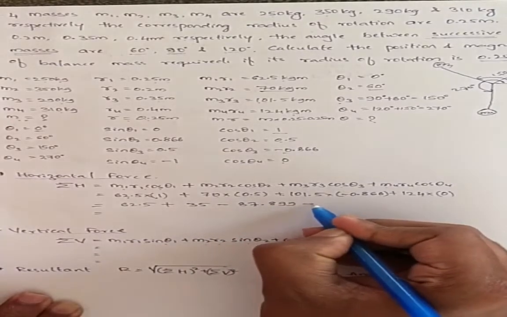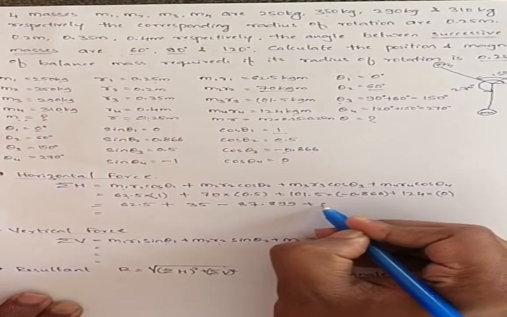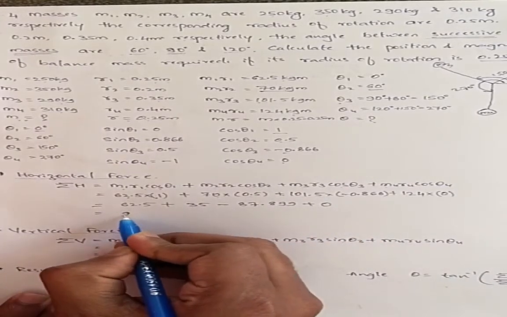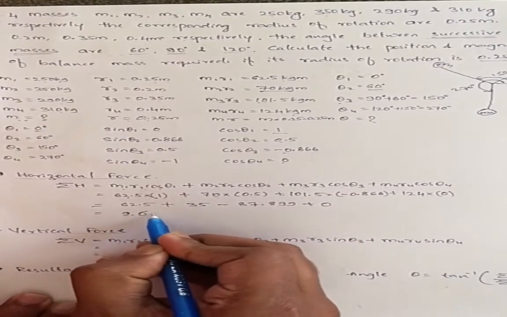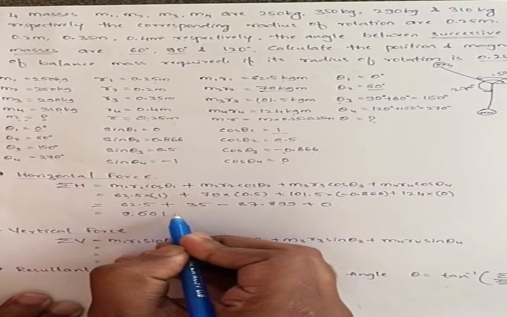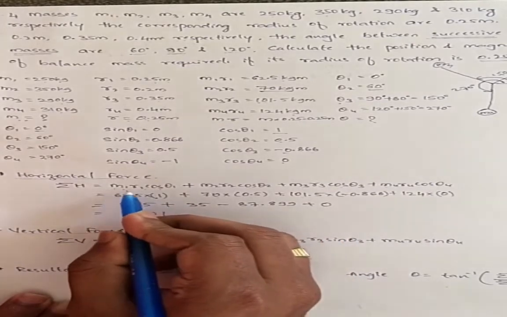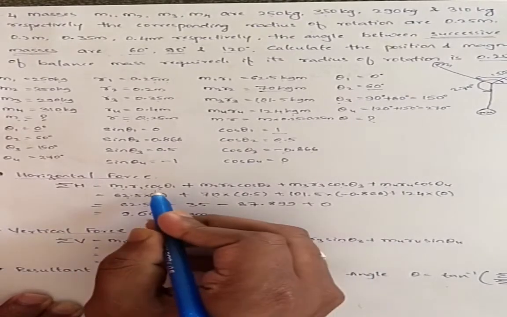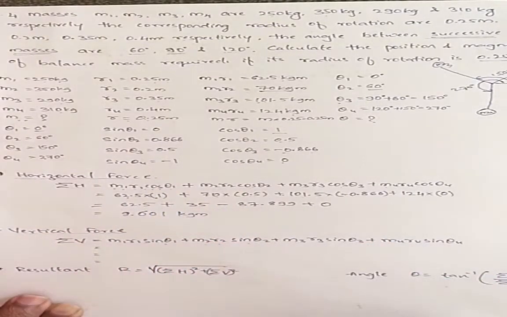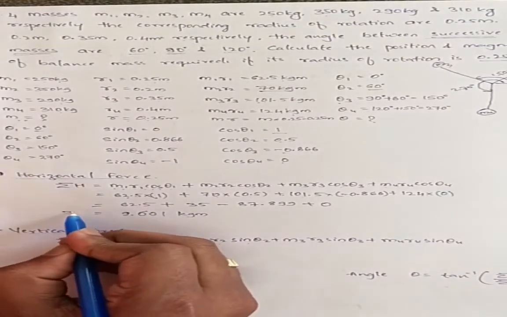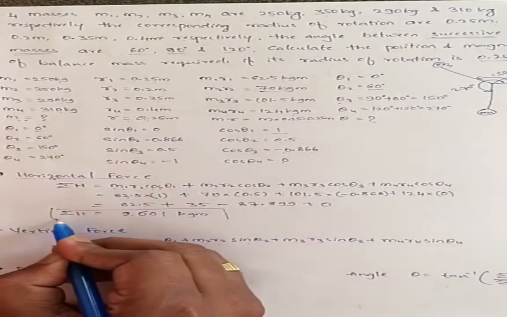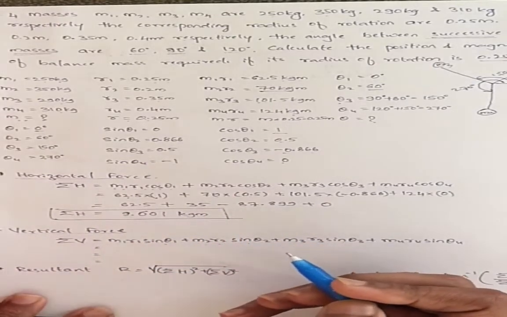Then plus 124 into 0 will be 0. If you add all these, you will get 9.601. What is the unit? The unit of M into R is kg meter. Cos theta will not have any units. So the horizontal force H is equal to 9.601 kg meter.